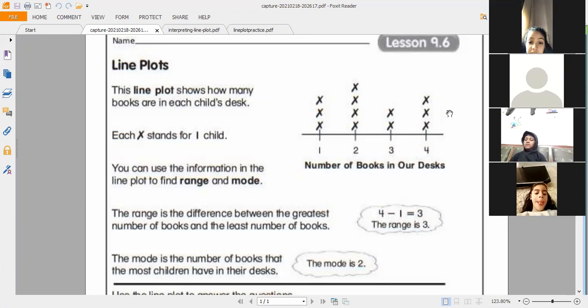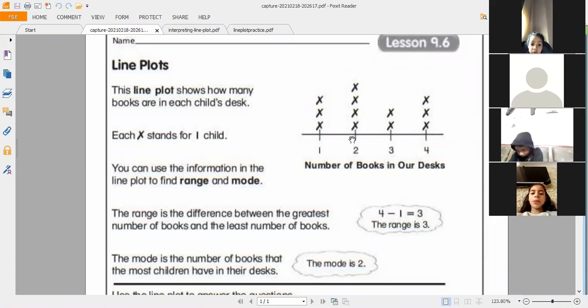And when he asks how many children, the last one is number 3 and the bigger one is number 2. Okay, it's almost right. But I want to ask you about how many children have 4 books. Do you know how to know that? How many children have 4 books?